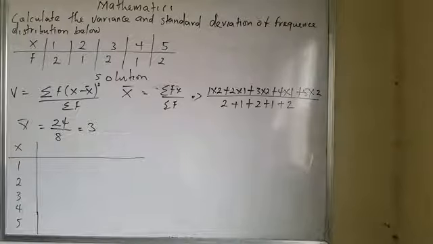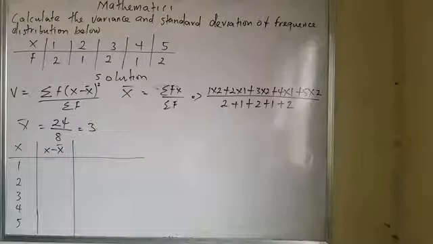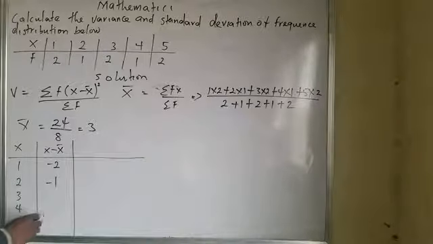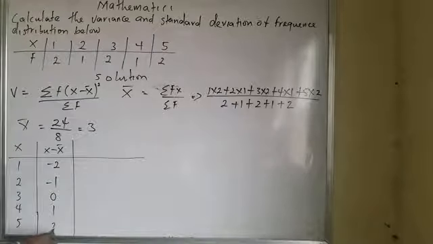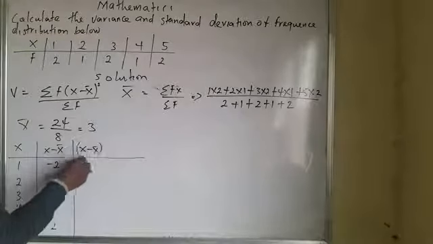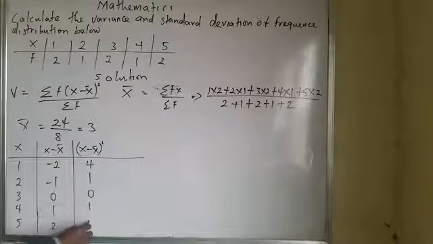The next thing I need is x minus x bar. 1 minus 3 is minus 2, 2 minus 3 is minus 1, 3 minus 3 is 0, then 1 and 2. Now I can get (x minus x bar) squared, which is 4, 1, 0, 1, 4.